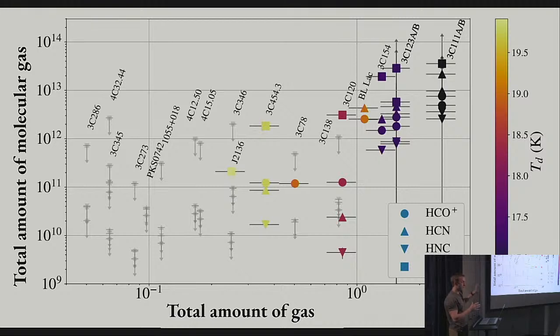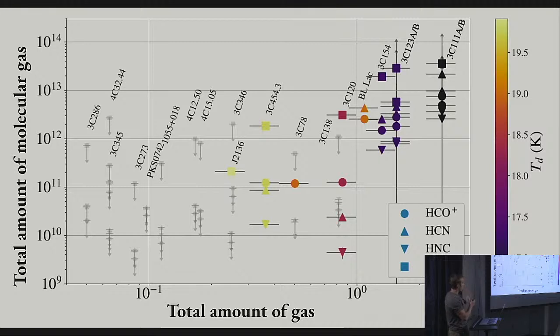But remember that molecules only form when the gas is cold and dense and well shielded enough. This is how we get the conditions for star formation to get underway. There's also, though, in galaxies, a lot of gas that's warmer and less dense, where only atoms can exist. All of the molecules are destroyed and broken apart by ultraviolet radiation. So that's why the total gas is different than the amount of molecular gas.